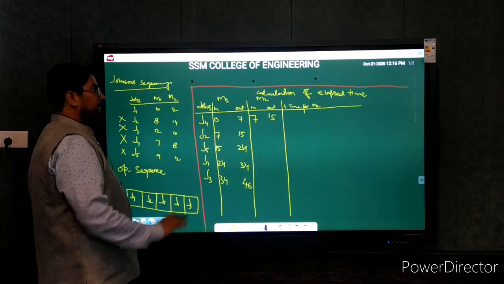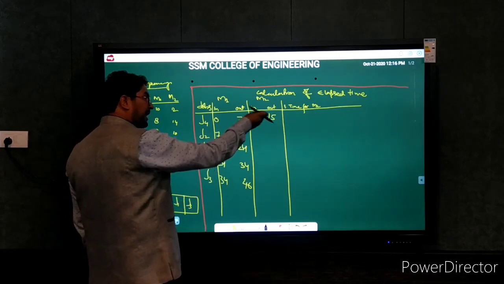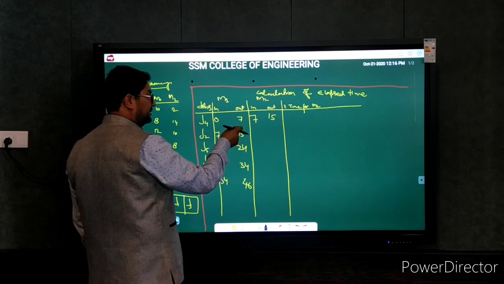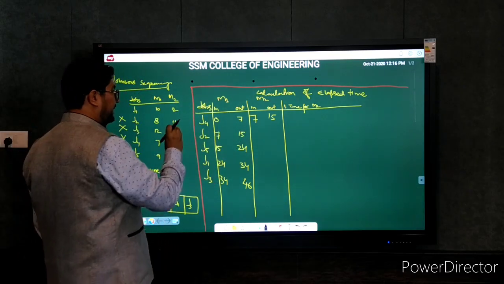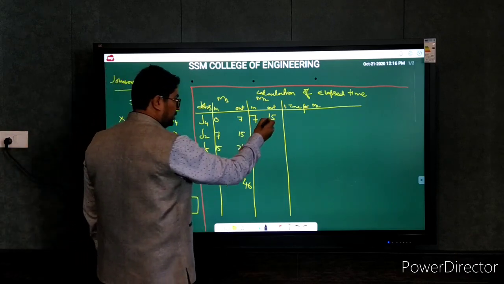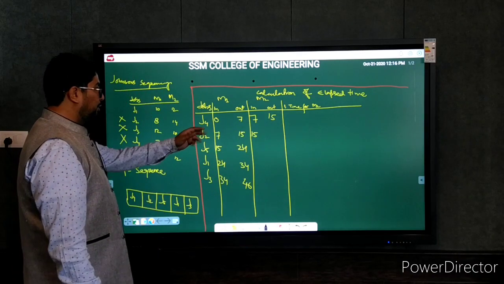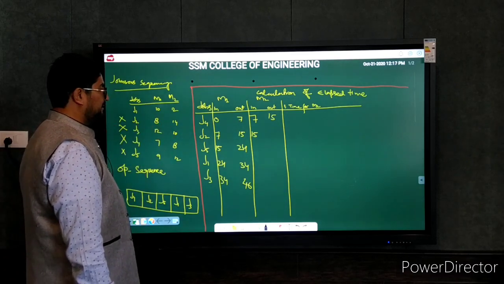At 15, machine 2 is available. Can we take job 2 at 15? Yes, we can, because at 15 job 2 is completed by machine first as well. So we'll take job second, and job second on machine 2 takes 14 hours.